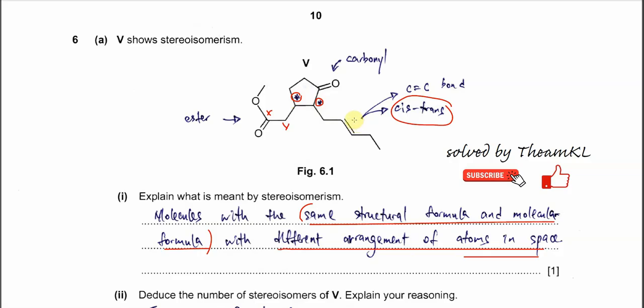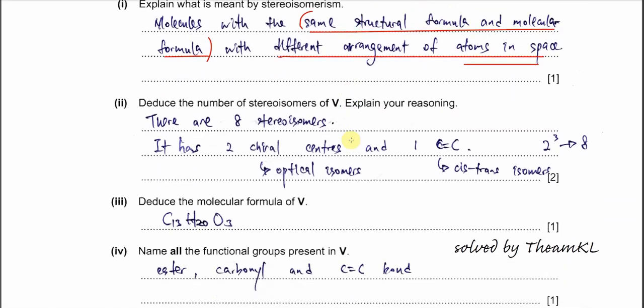So many candidates will give 6 stereoisomers because it's like 2 plus 2 plus 2. But actually it's not 2 plus 2 plus 2. It should be something like this. Because now we know that there are 2 chiral centers and 1 C=C double bond, each isomerism forms 2 isomers, and there are three possibilities or 3 centers now.